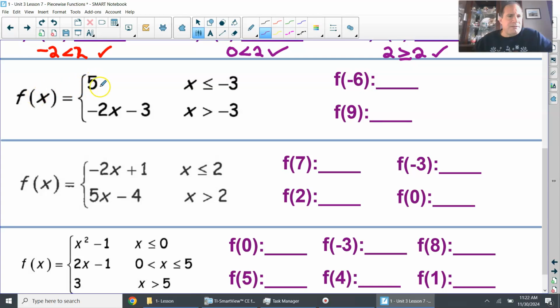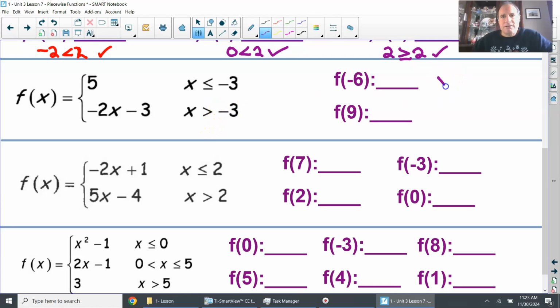We have f of x equals 5 and f of x equals negative 2x plus 3. So just remember, this is the y. It's like y equals 5. Y equals negative 3 when x is less than or equal to negative 3, and x is greater than negative 3 for this one. So negative 6. Which domain does negative 6 fit into?